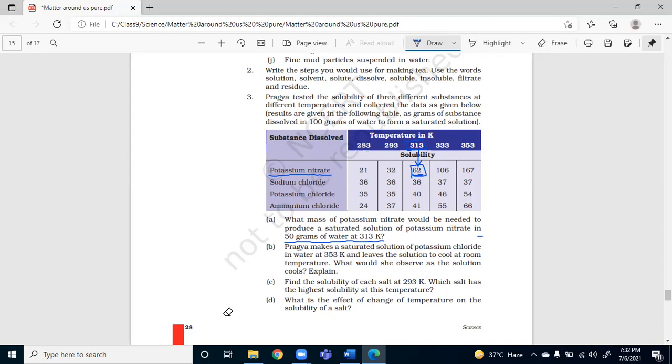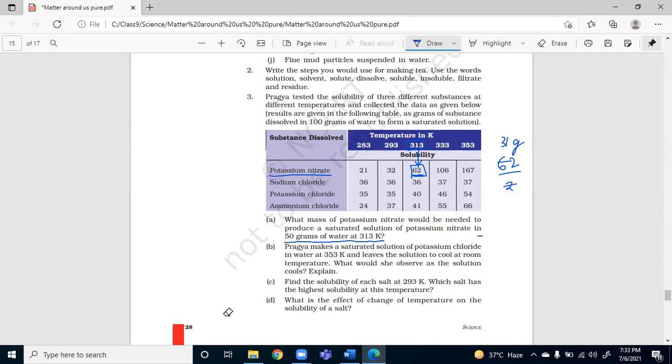Okay, ma'am. So for 50 gram, 50 is half of 100. So I will be doing half of 62. That will come out to be 31 gram. Okay, ma'am. So let's move to the B part.